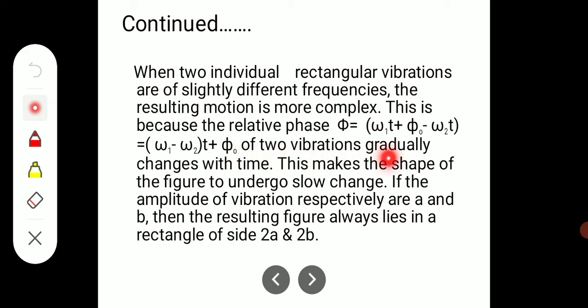If the phase of the two vibrations gradually changes with time, the shape of the figure changes slowly. If the amplitudes of the vibrations are a and b, the resulting figure always lies in the rectangle of sides 2a and 2b.